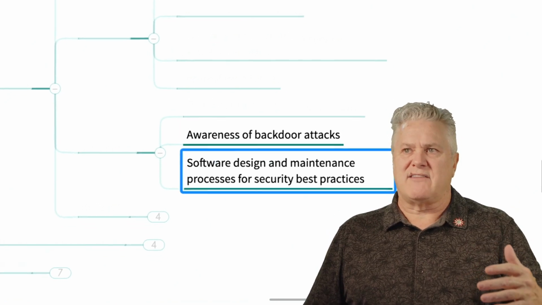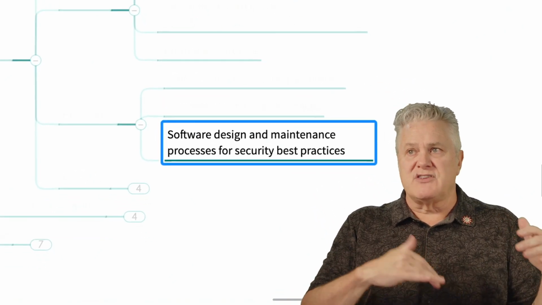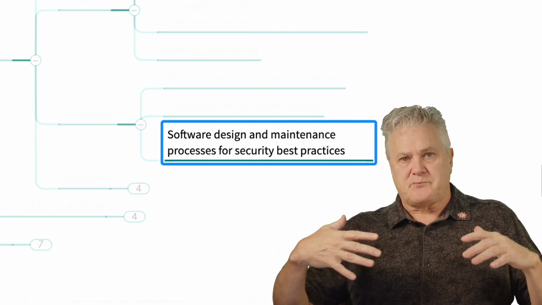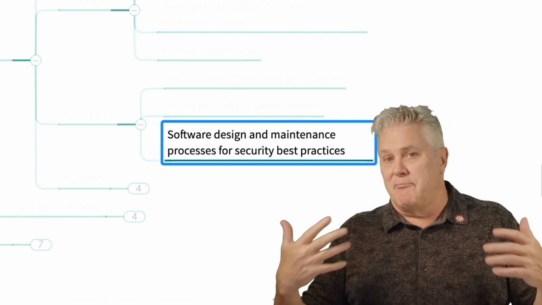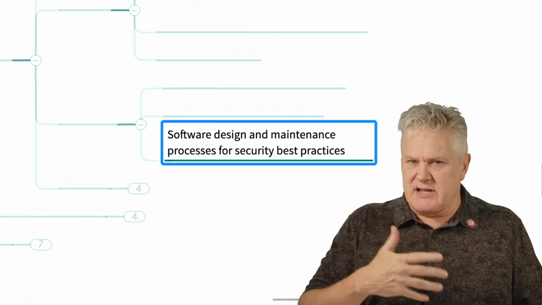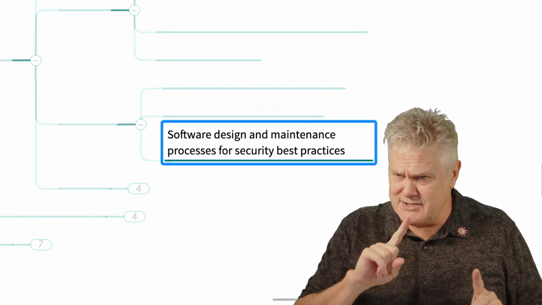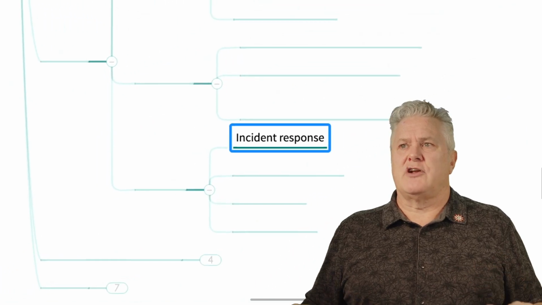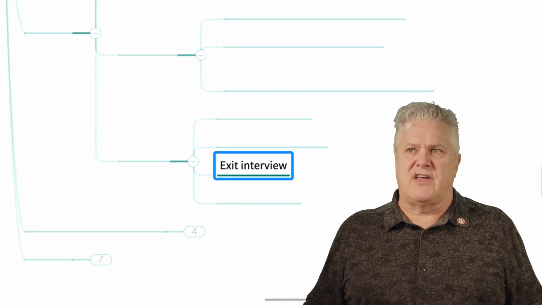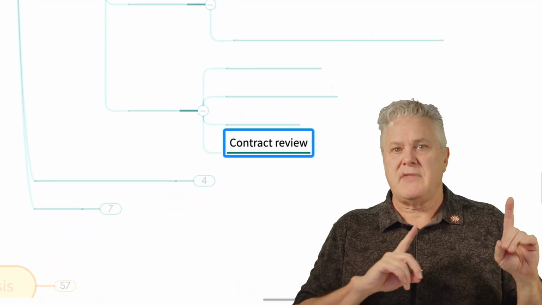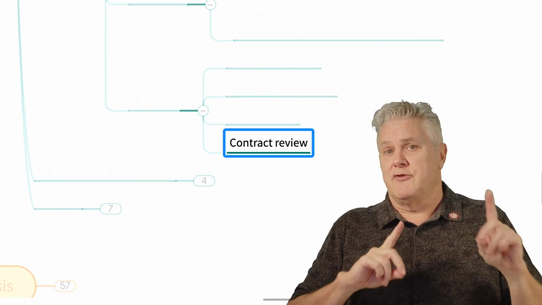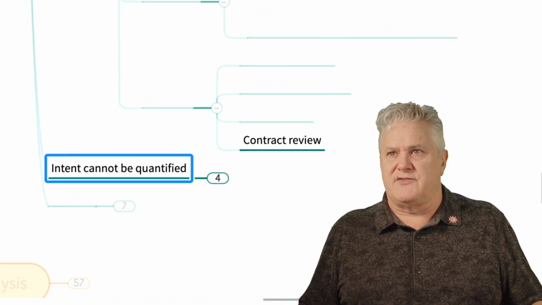Awareness of backdoor attacks that may happen, and then software design and maintenance processes that will lead to the removal of backdoors, which are perfectly acceptable while coding, but trapdoors after the fact, that's a no-no. Recovery controls are going to be things like incident response, account disablement, exit interviews, and contract reviews for those third parties for that supply chain kind of stuff.